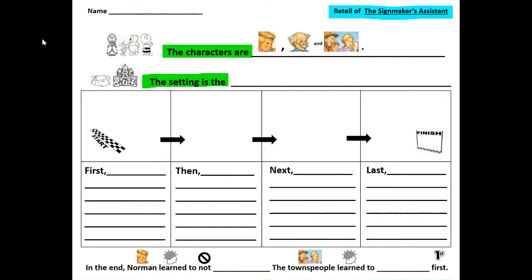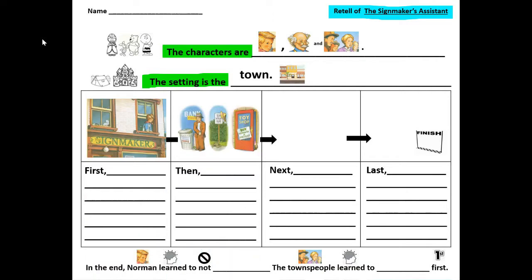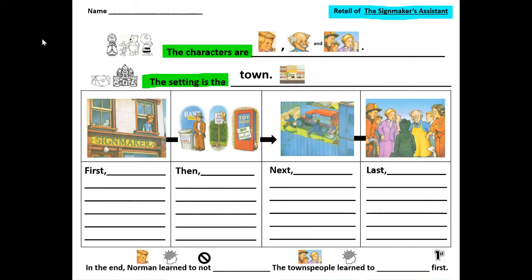The setting is the town. So let's put our pictures in the correct sequence or order. First, then, next, last.